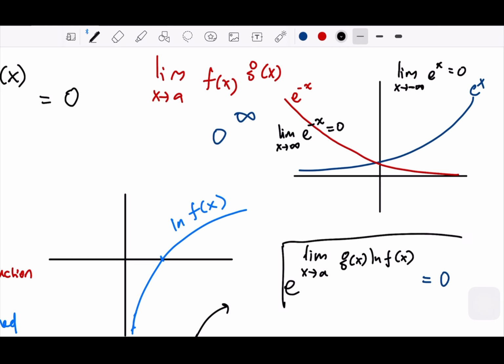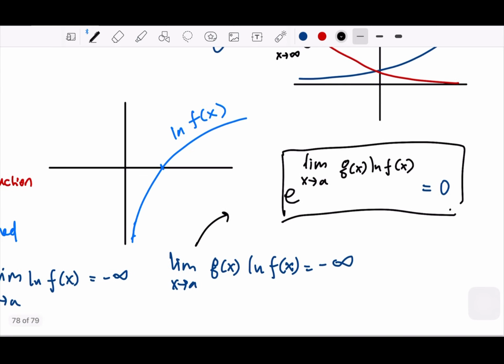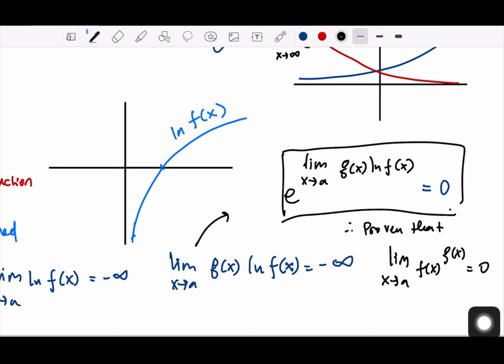So because of this, that is proven, that limit is 0. And those are the indeterminate forms.